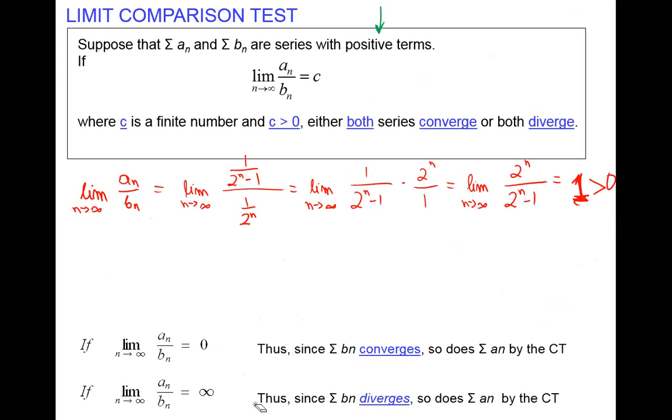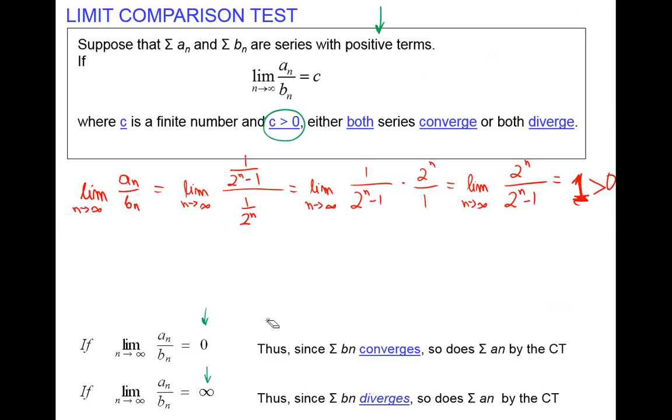I have some notes here. You can pause the video and read this carefully. It's in your textbook, but some instructors do not really recommend using the limit comparison test if the limit is 0 or infinity, because we're really looking for a number greater than 0. However, sometimes you can conclude, but you have to be extremely careful. Having a positive finite number, we can conclude both, convergence or divergence.